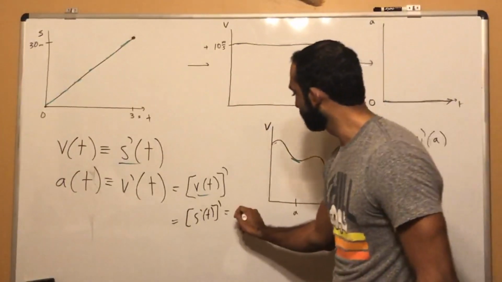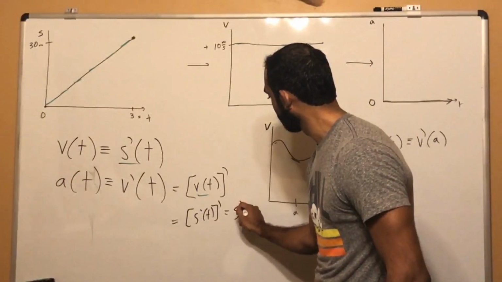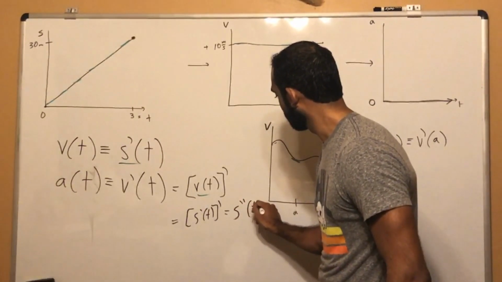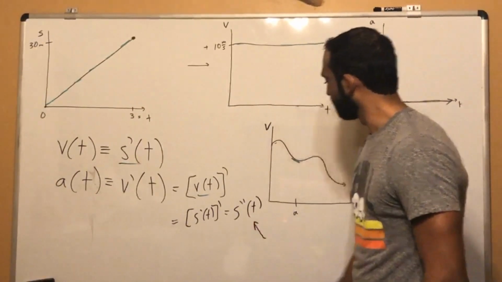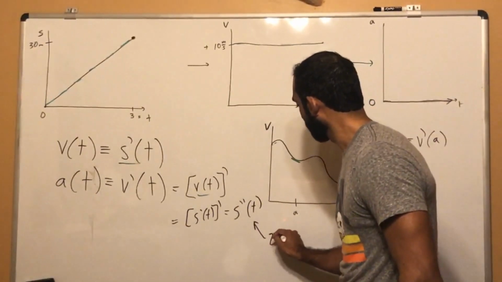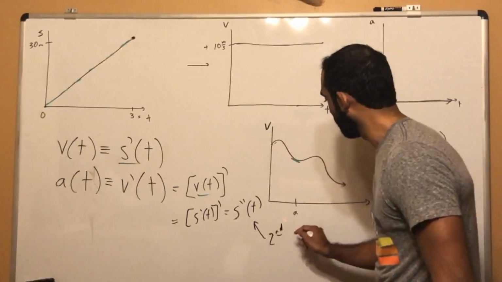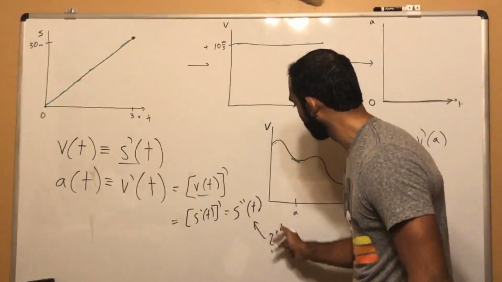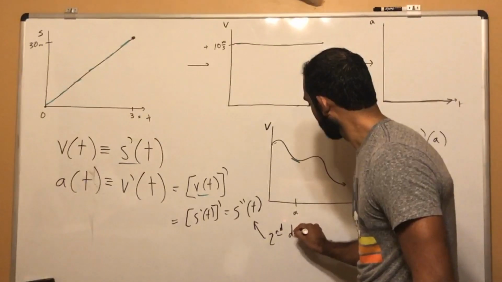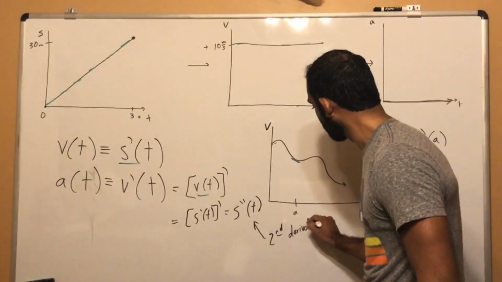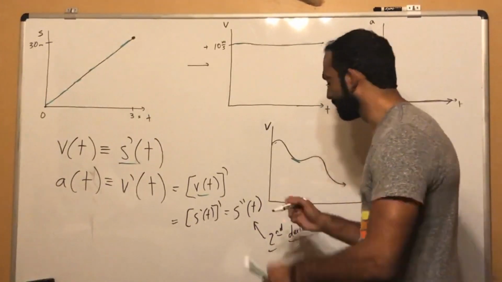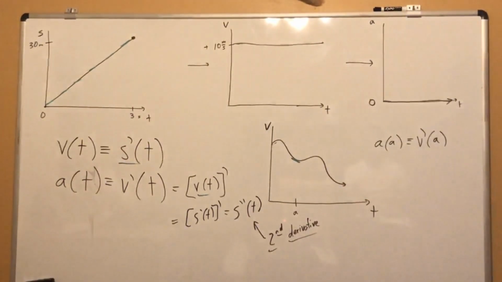And the way we abbreviate that is just S double prime of t. This is what's called the second derivative. We've alluded to it in class already, but now we're going to make it explicit. Second derivatives, third derivatives, fourth derivatives. These are what are called higher order derivatives.